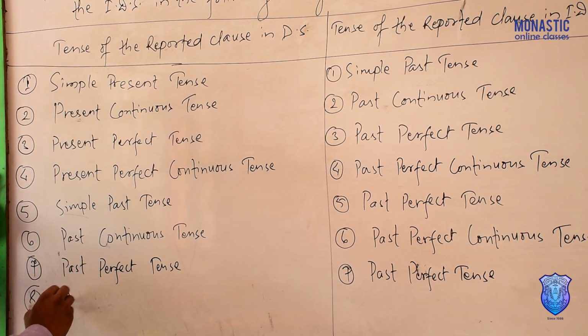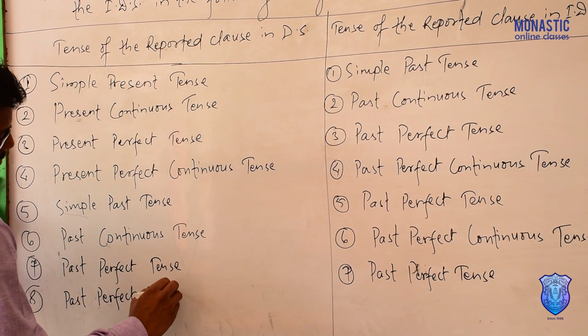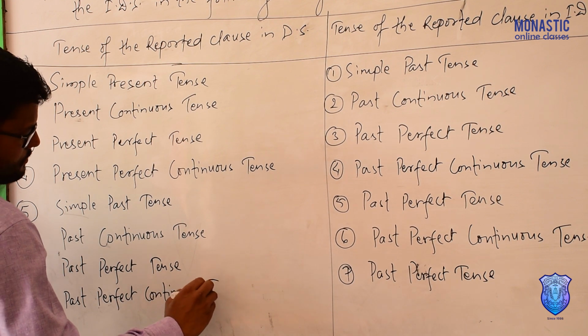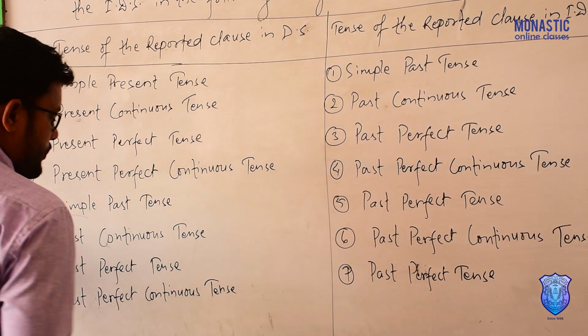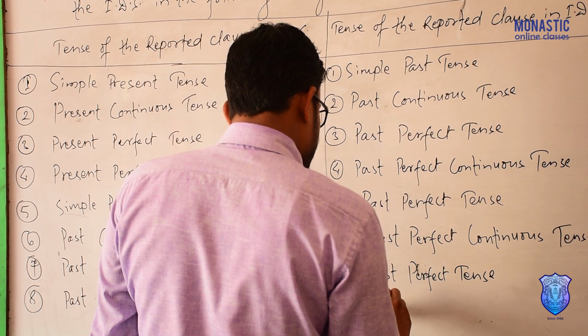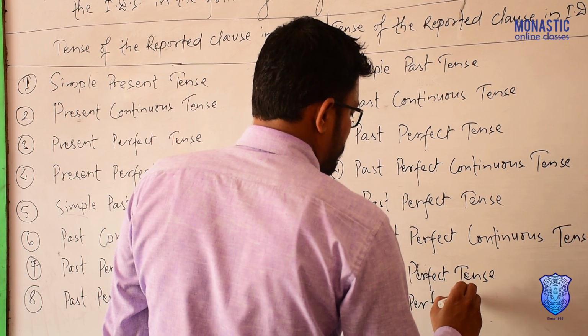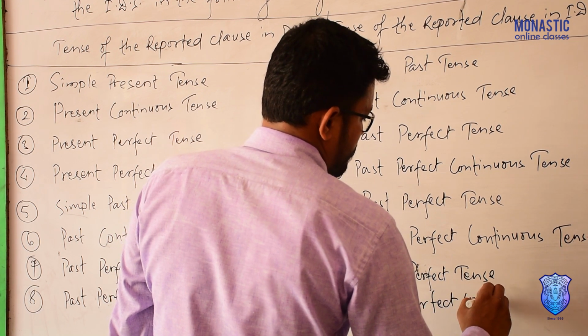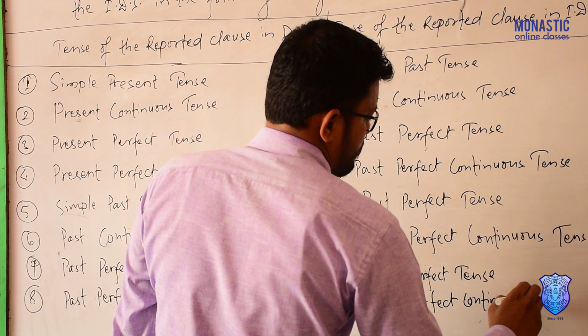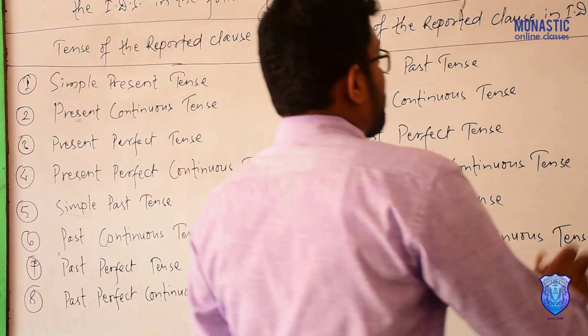When we find there is past perfect continuous tense, then we can change it into the past perfect continuous tense.